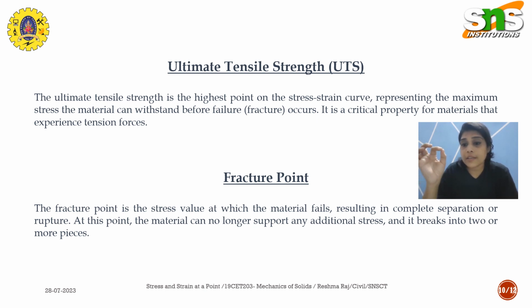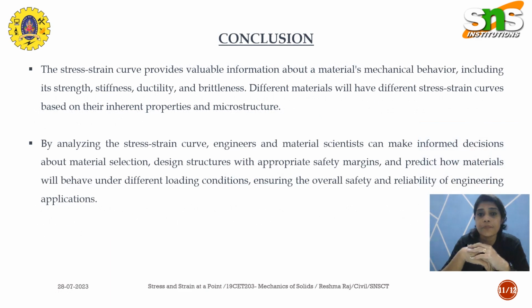It has no deformed shape; complete rupture or fracture occurs, and it breaks into two pieces. The material can no longer support any additional stress, and it breaks into two or more pieces. This is known as the fracture point.